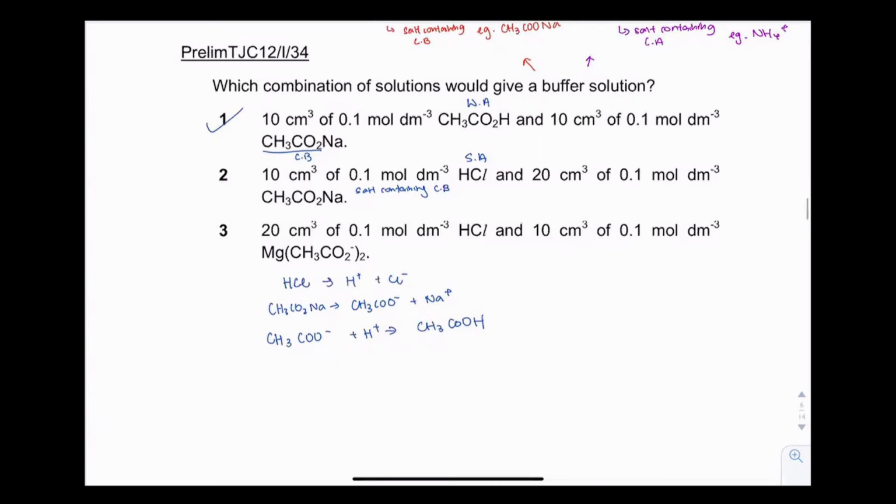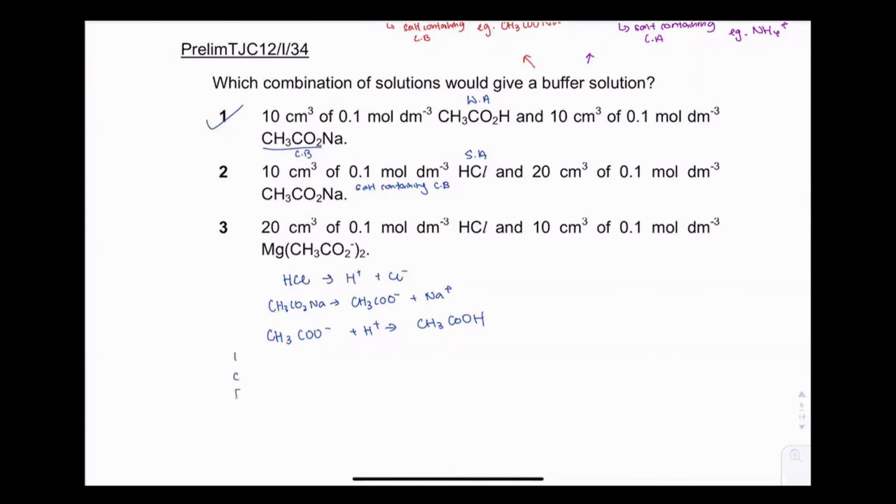Over here, I can do the ICE table. I stands for initial, C stands for change, and E stands for equilibrium. So I'm looking at the number of moles, or the amount of that particular species at these 3 stages. Let's look at I first, initial. What is the initial amount of ethanoate ion? The ethanoate ion comes from sodium ethanoate, and how much of that would I have?